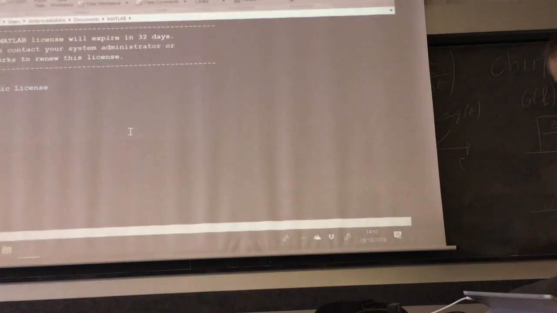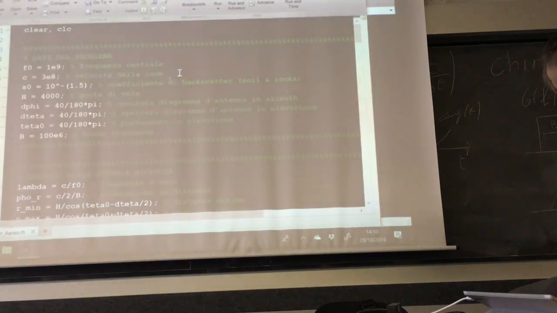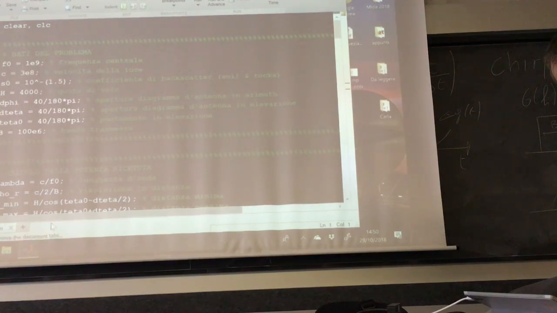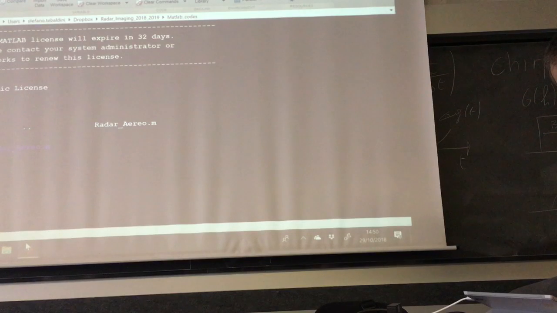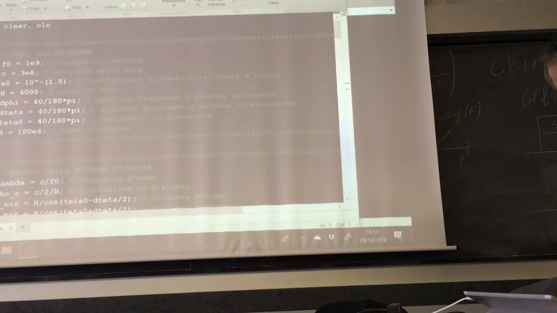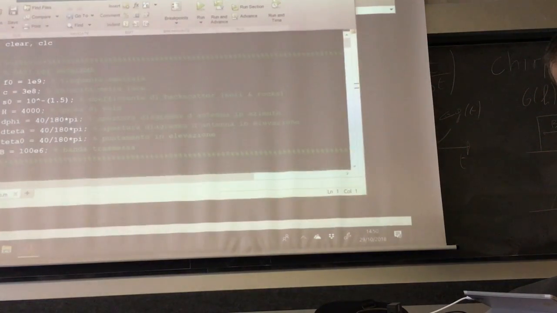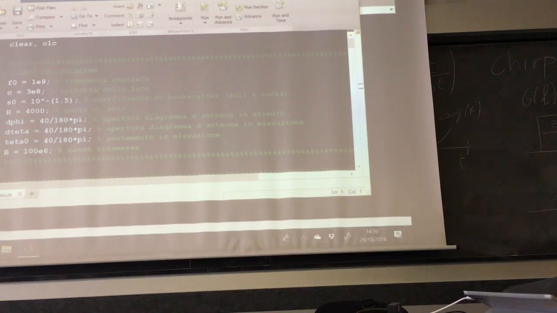And you have this radar aerial, so airborne radar. Can you read it? Is that okay?